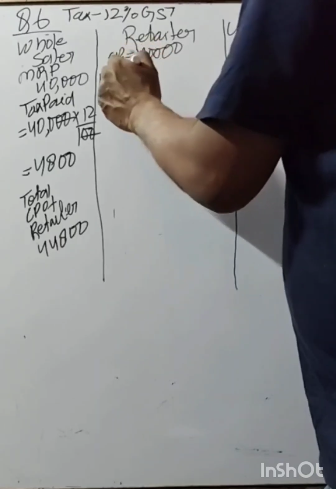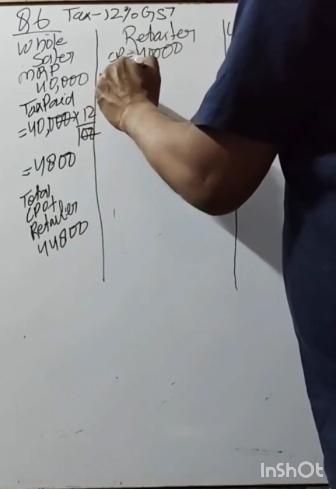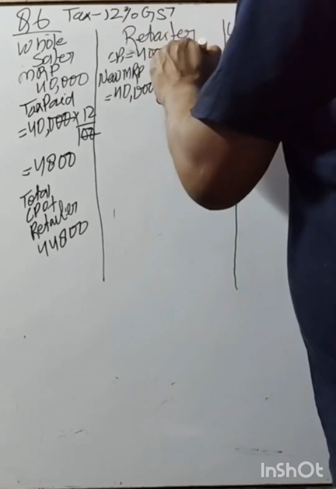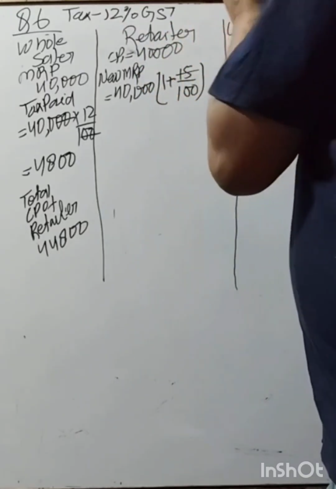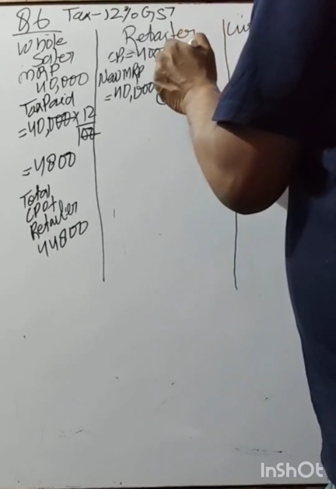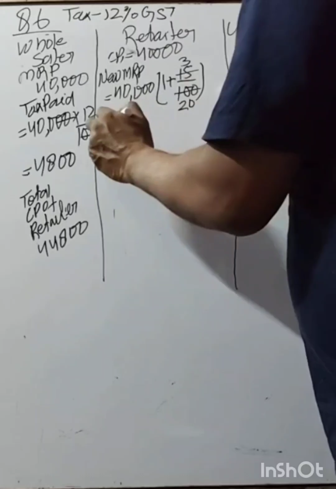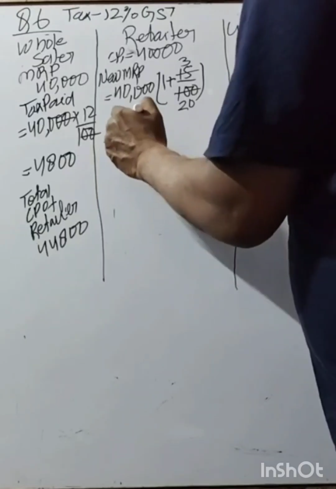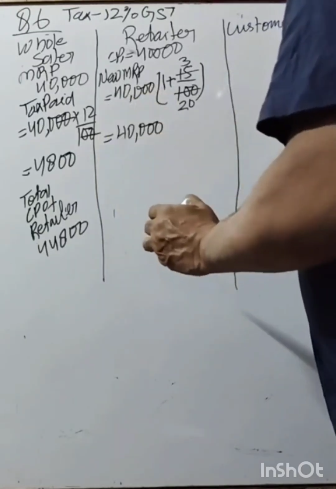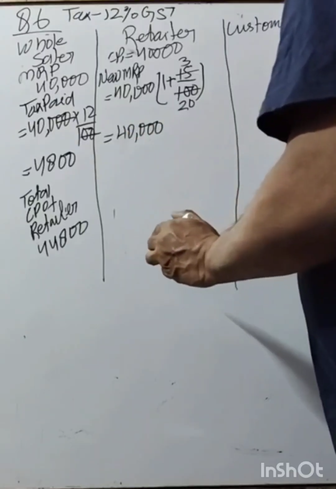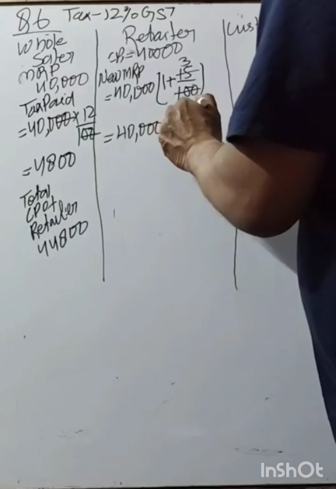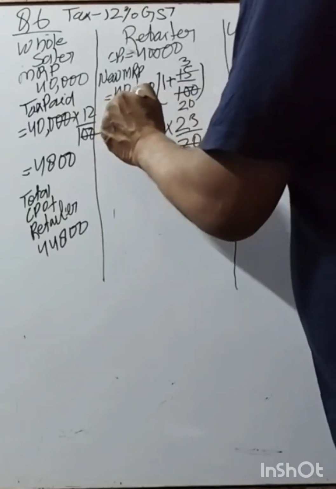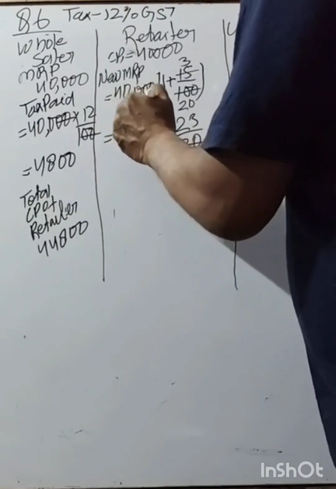MRP is 40,000 into bracket 1 plus 15 upon 100. 3 times 5 becomes 15 and 2 times 5 becomes 10, so it becomes 23 upon 20. So 40,000 into 23 upon 20. 2 times 20 becomes 40, 2,000.